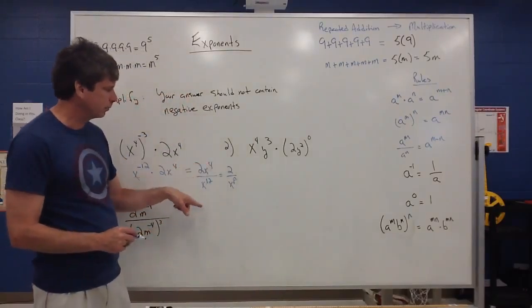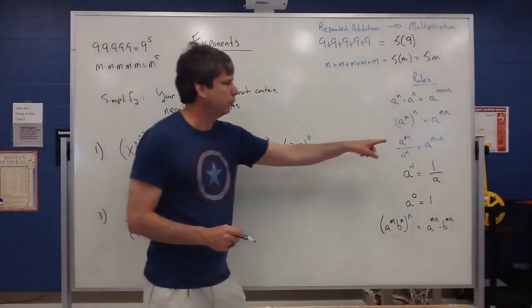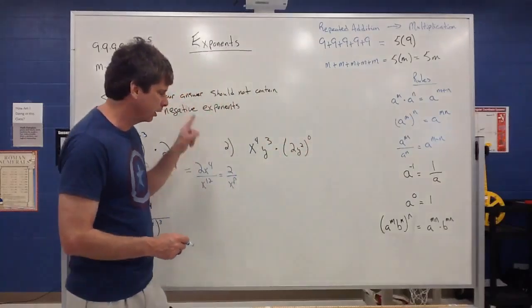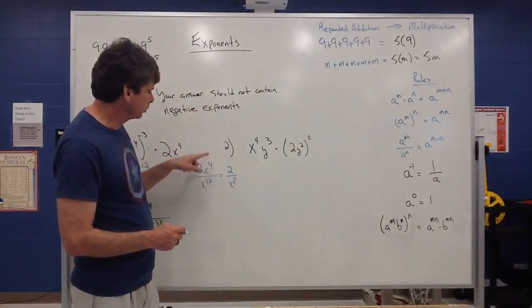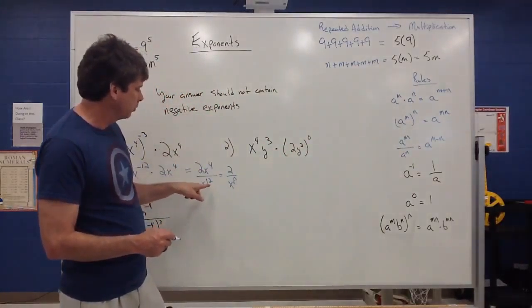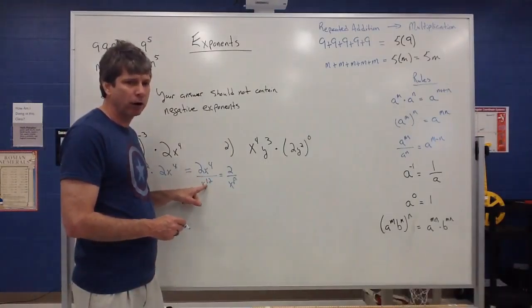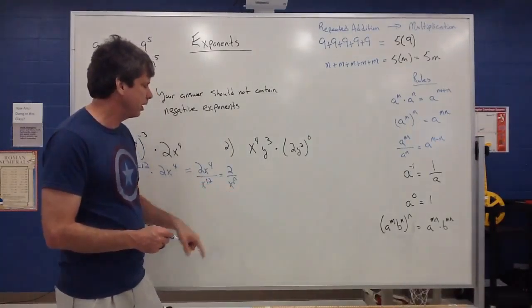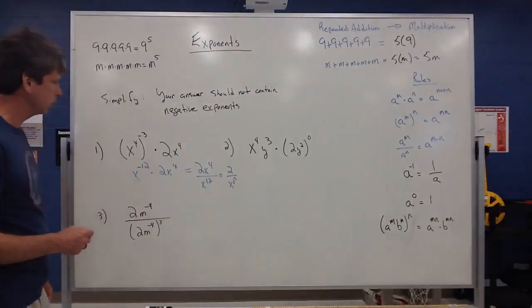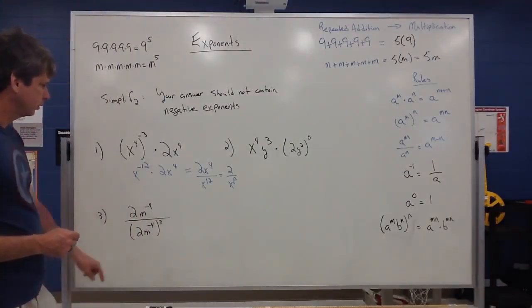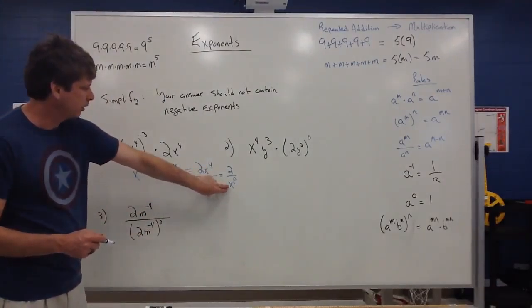Notice how, again, I'm not really using this rule as much as I'm just mentally marking things out in my head. But you could say, well, 12 minus 4 is 8. Then I got to pay attention to that there's more on the bottom, therefore that x to the 8th is in the denominator. So 2 over x to the 8th would be your final answer on that one. So these simplify to an x to the 8th and it goes on the bottom.